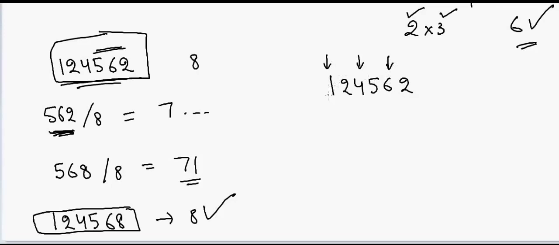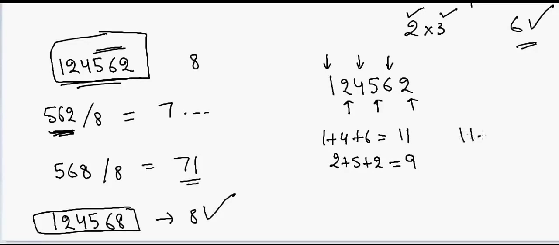So I'll take 1, 4 and 6, and then 2, 5 and 2, and add each group together. 1 plus 4 plus 6 is 11, and then 2 plus 5 plus 2 is 9. If I subtract 9 from 11, that gives me 2, and 2 is not divisible by 11, so this number is not divisible by 11.